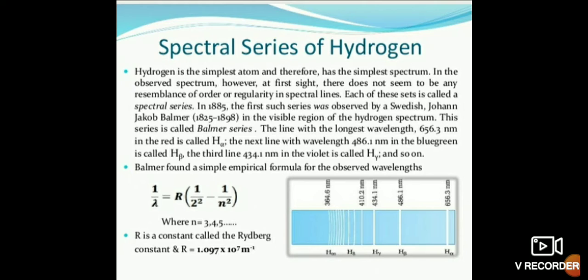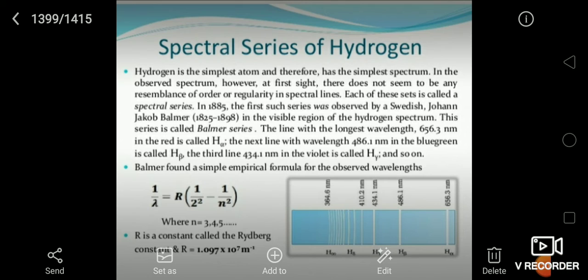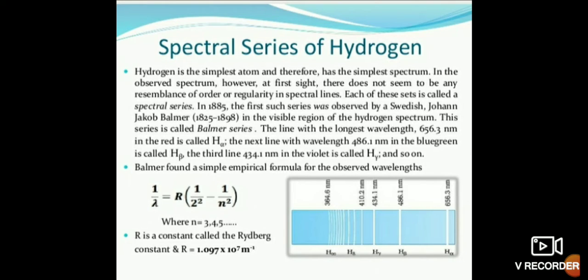The line with the longest wavelength, 656.3 nm, is red and is called H alpha. The next line, with wavelength 486.1 nm in the blue-green, is called H beta. The third line, 434.1 nm in the violet, is called H gamma, and so on.